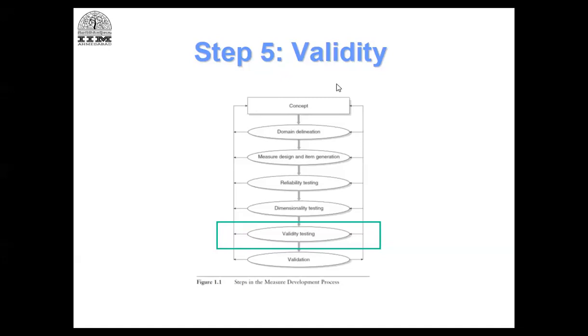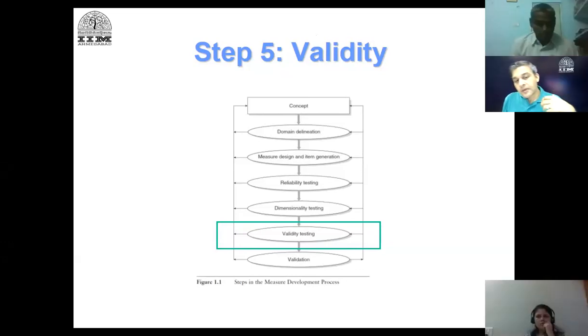You don't do exploratory factor analysis. As I mentioned in the last class also, exploratory factor analysis is done when we are developing a new measure. If you are not developing a new measure, you will not do exploratory factor analysis.